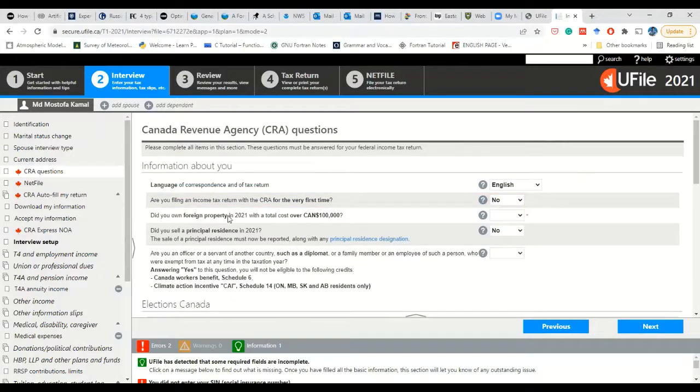And then here, if you are an international student, if you're coming from outside Canada, the question is, do you own foreign property in 2021 with a total cost over 100K? It depends. If you're holding property coming from outside worth more than this value, declare it. Again, it is up to you. If you decide to hide it, it is up to you.